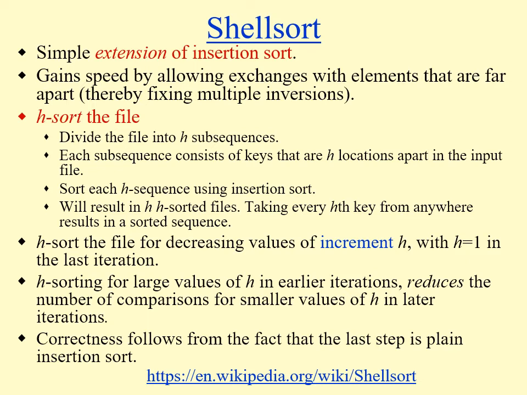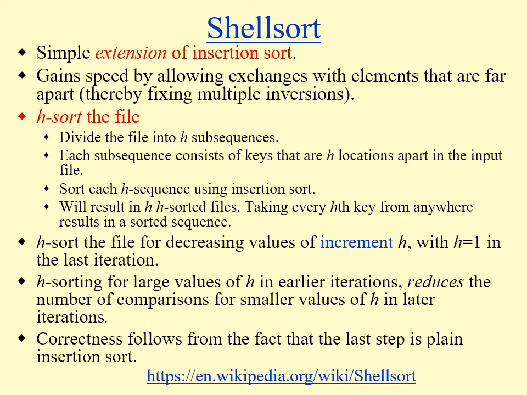And then third step, you sort each h sequence using insertion sort. That means we generate h layers, and each layer is sorted using insertion sort. So this results in h sorted files, taking every h-th key from anywhere, resulting in a sorted sequence.